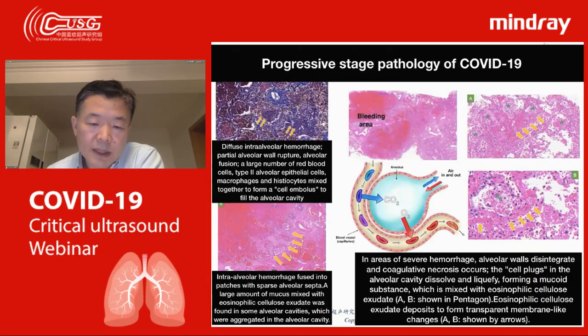And also in the area of very severe hemorrhage, alveolar walls disintegrate and coagulative necrosis occurs, and the cell plaques in the alveolar cavity dissolve and liquefy, forming a mucous substance mixed with protein-like plaques, something like that.